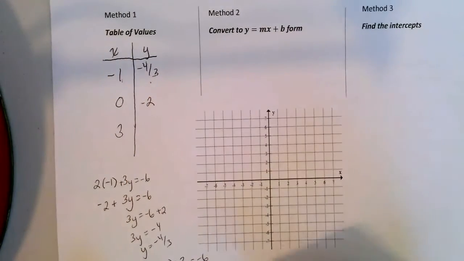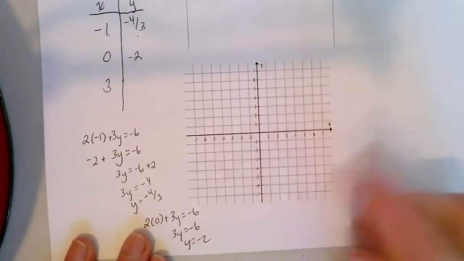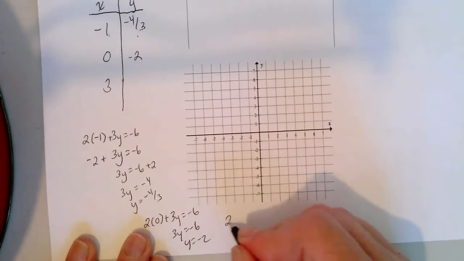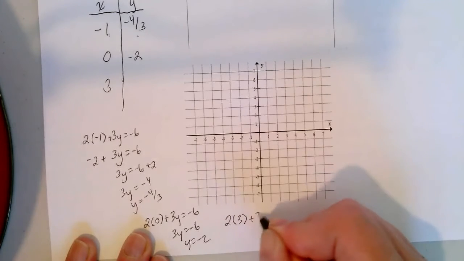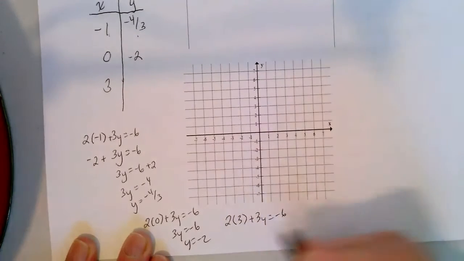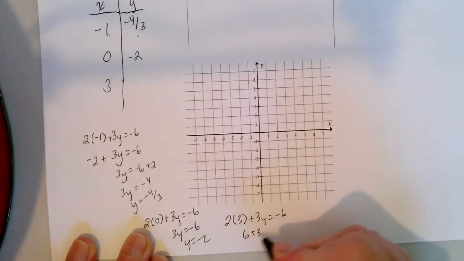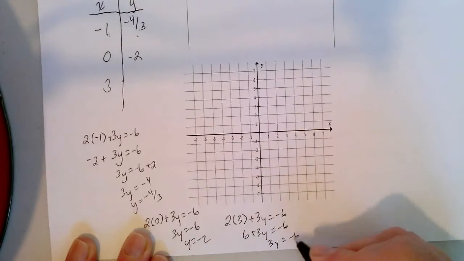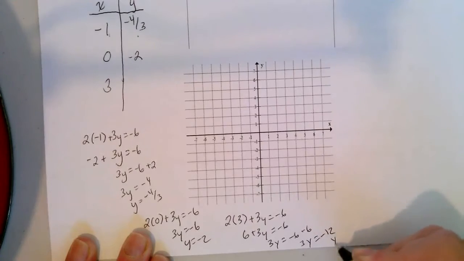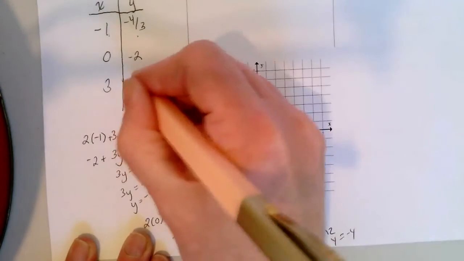And if we pick x is 3, I'm just trying to show my work down here. 2 bracket 3 plus 3y equals negative 6. 6 plus 3y equals negative 6. This is going to get transposed to the other side and become negative. So that's going to give us negative 12. So it's going to be negative 4.